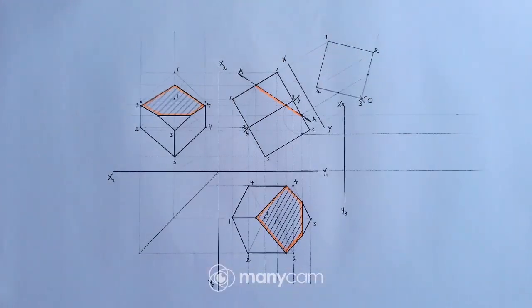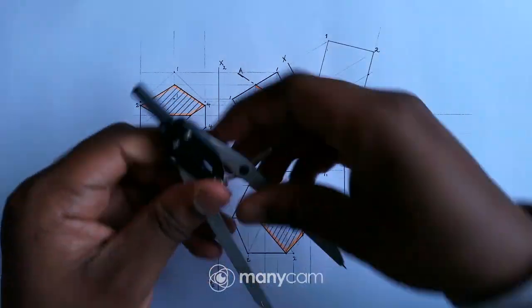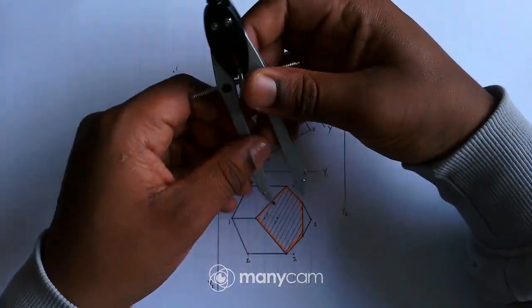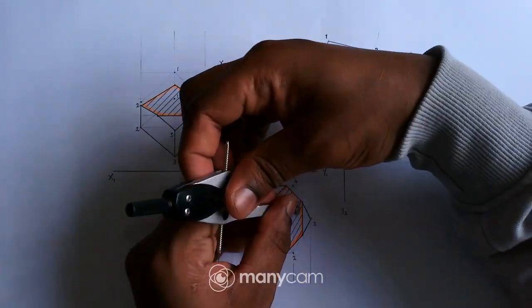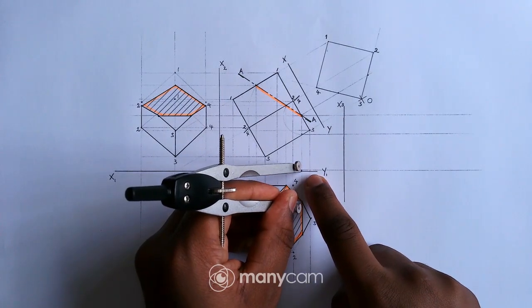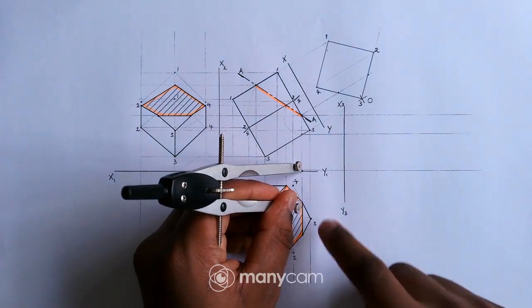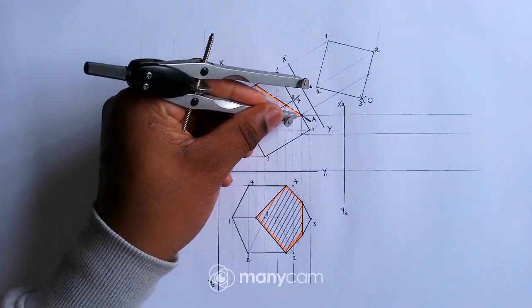So I'll take my compass, start with this first point. Obviously I have to put my compass on the x1 y1 line to the first point there, and then obviously I'll use this line. So where is it? It's right there.